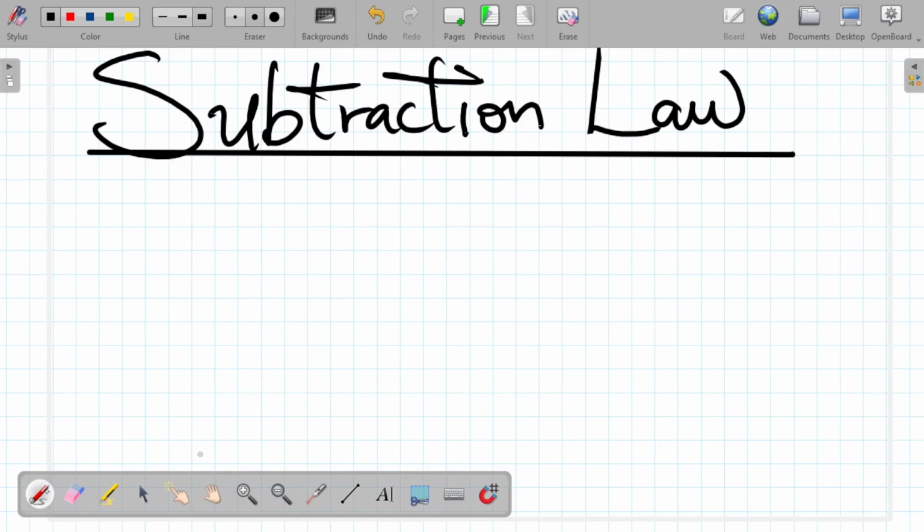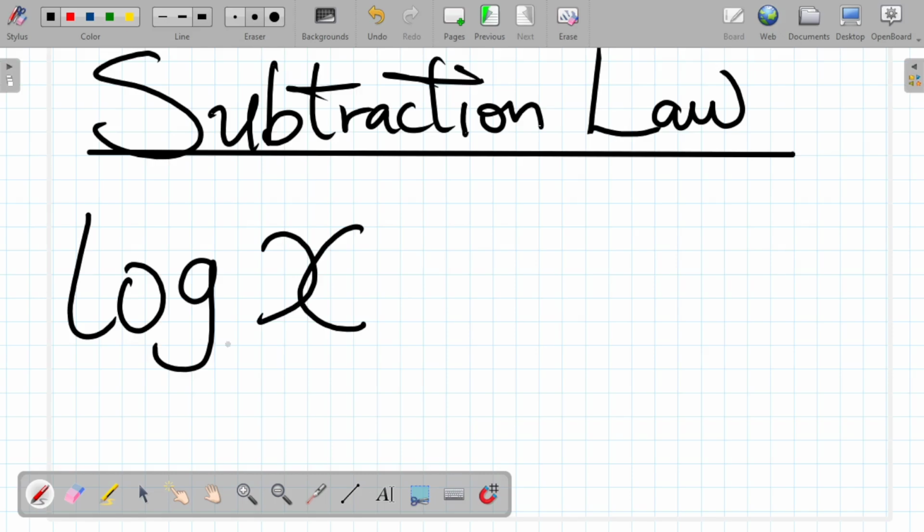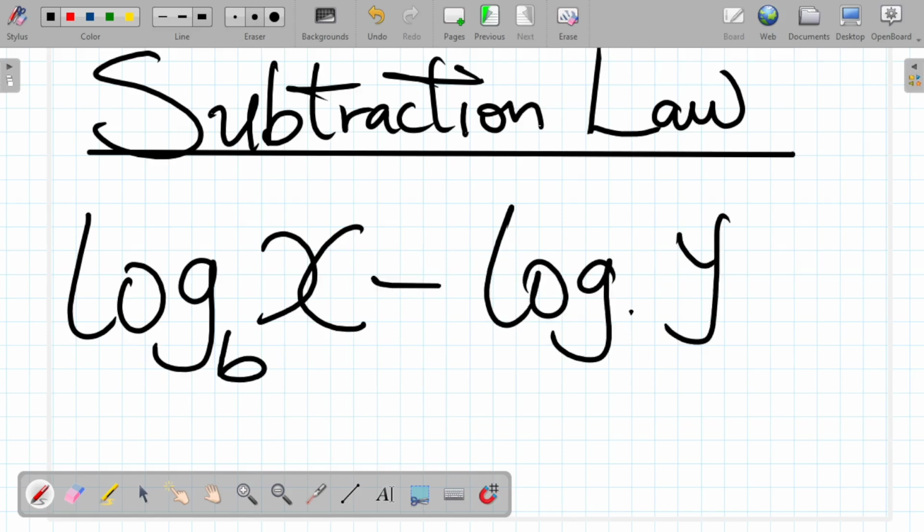Alright, so let's consider the second law, which is the subtraction law. When two logs with the same base are subtracted, simply divide the arguments and take the log of the result. So here, let's say we have log x to base b minus log y to base b.